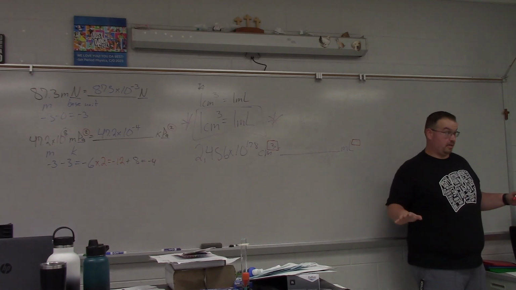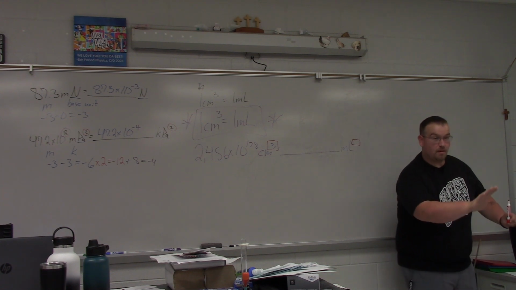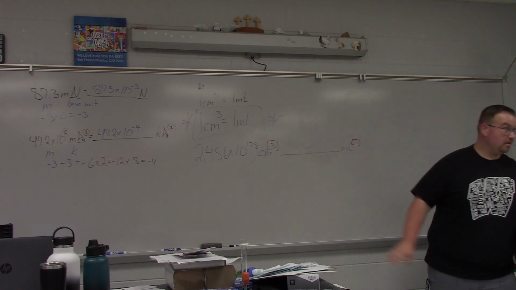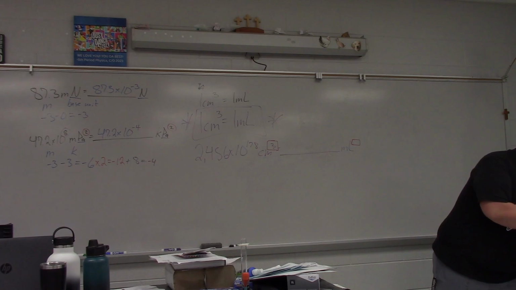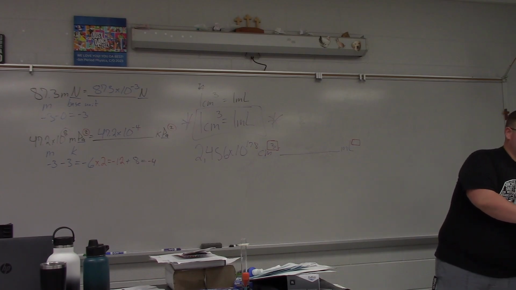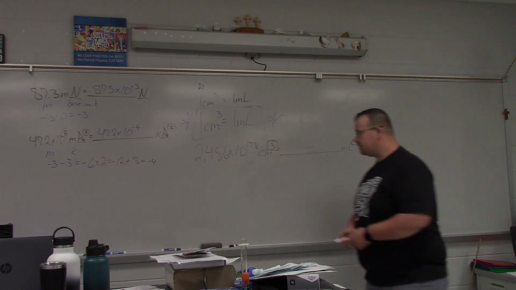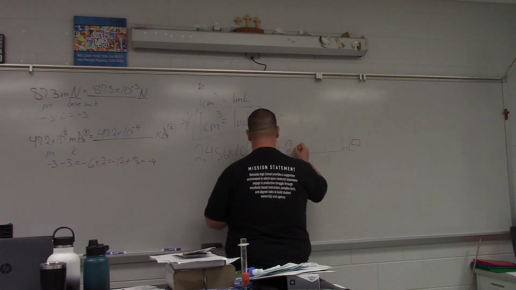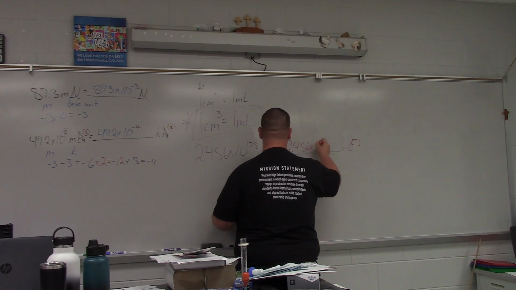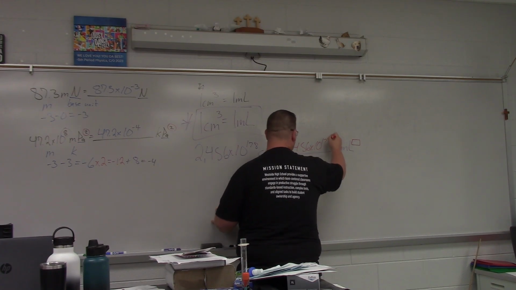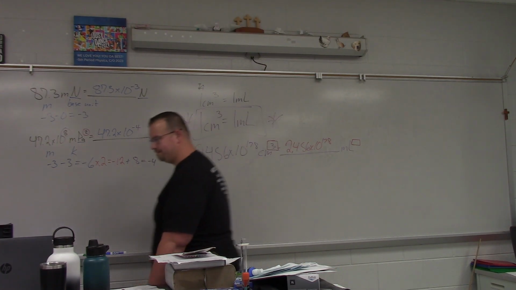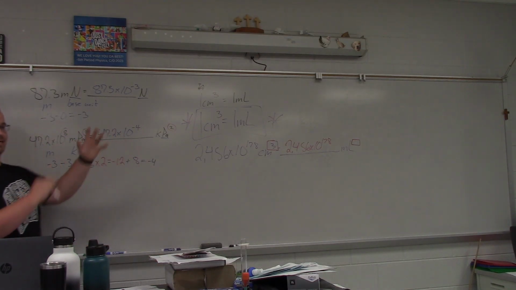Stop what you are doing. Don't worry about the rules I taught you. Do what your English teachers hate for you to do. Not ChatGPT, okay? You copy and paste. 2,456 times 10 to 178 milliliters. That's it.